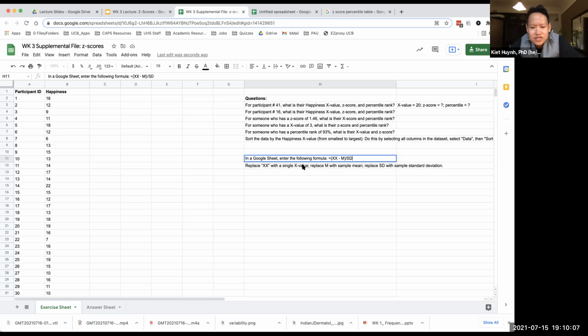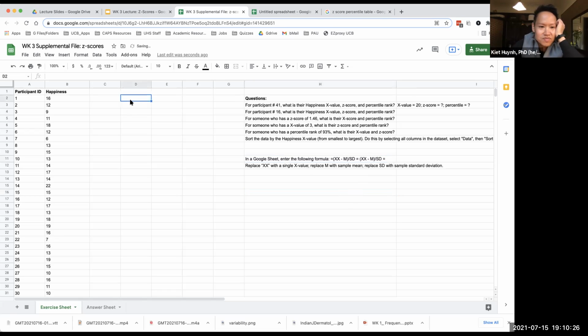Replace X with a single x value, replace M with the sample mean, and replace SD with the sample standard deviation. Okay, well, we don't know the mean yet, and we don't know the standard deviation yet. Okay, so let's compute the mean and standard deviation.